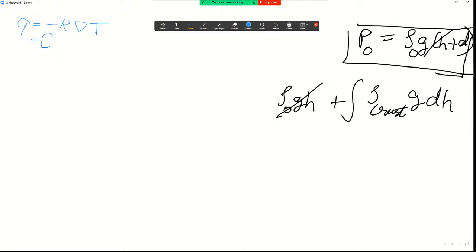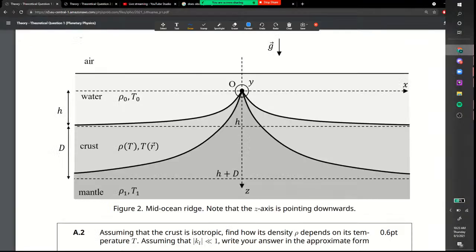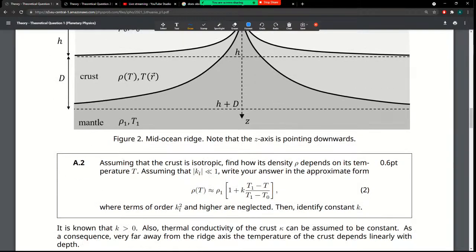For temperature, we can use kappa for that. So this equation I guess will be helpful then. Just Fourier's law.